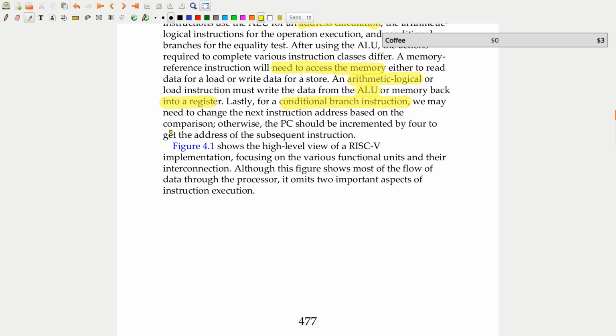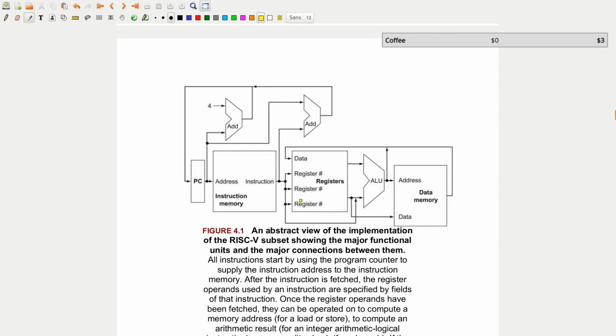Figure 4.1 shows a high-level view of the RISC-V implementation, focusing on various functional units and their interconnection. Although this figure shows most of the flow of data through the processor, it omits two important aspects of instruction execution. So let's see what we have. We start here at the program counter, which is used to address some instruction in instruction memory.